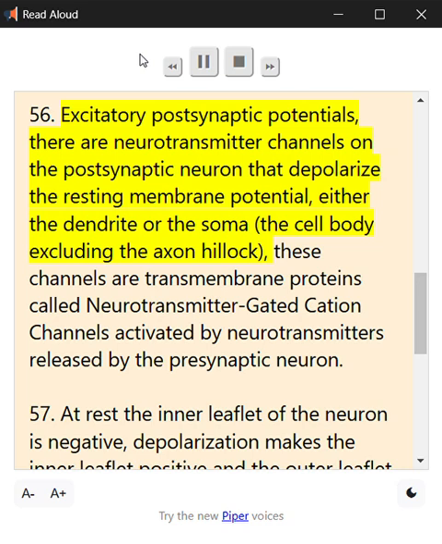Excitatory postsynaptic potentials. There are neurotransmitter channels on the postsynaptic neuron that depolarize the resting membrane potential, either the dendrite or the soma, the cell body excluding the axon hillock. These channels are transmembrane proteins called neurotransmitter-gated cation channels activated by neurotransmitters released by the presynaptic neuron.